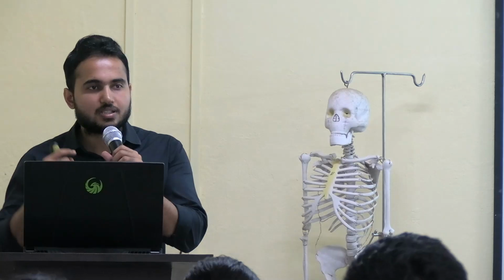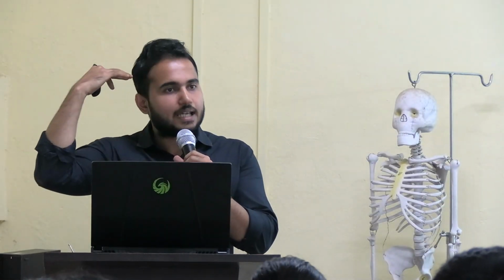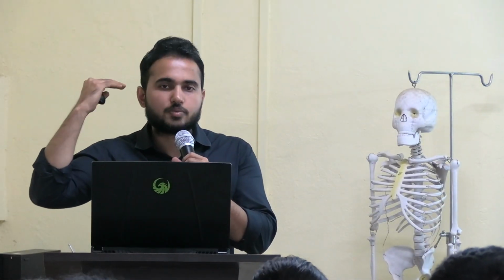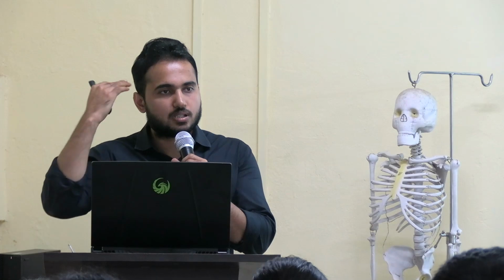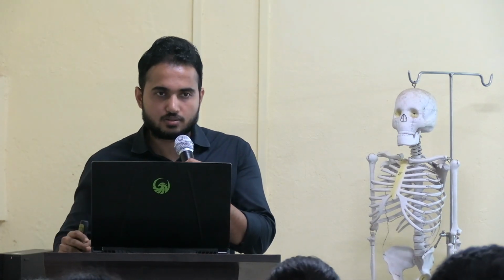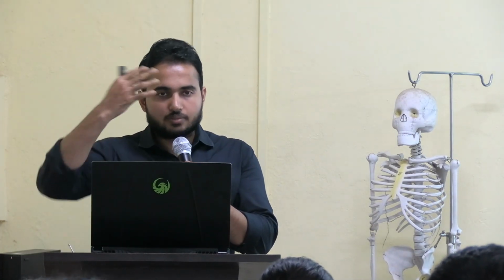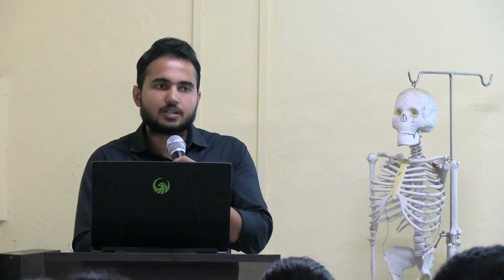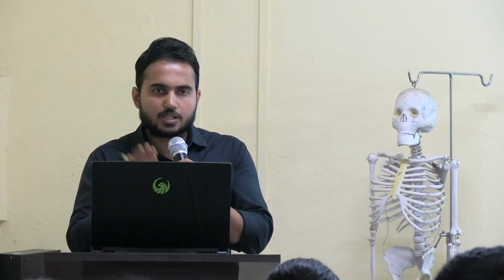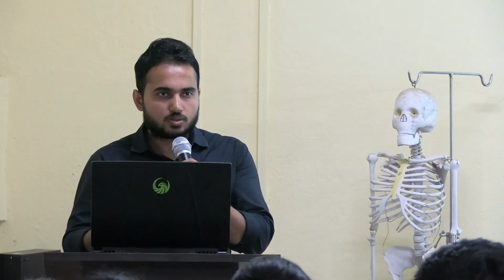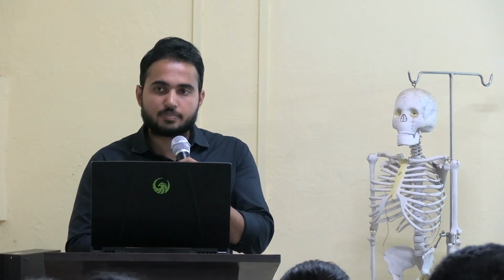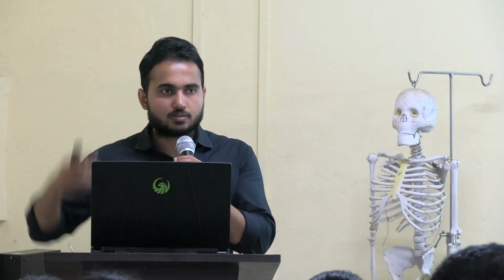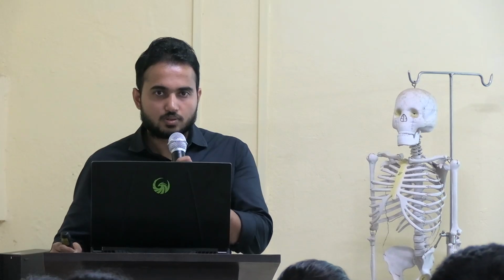So with the help of the chisel, the skull cap is removed. But we have to take very much care, or else the brain can get damaged. Once the skull cap is removed, then we have to cut from a few centimeters below the medulla oblongata, so that the spinal cord can get separated, and then we can take out the brain.